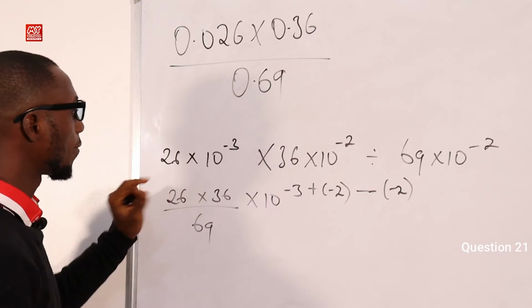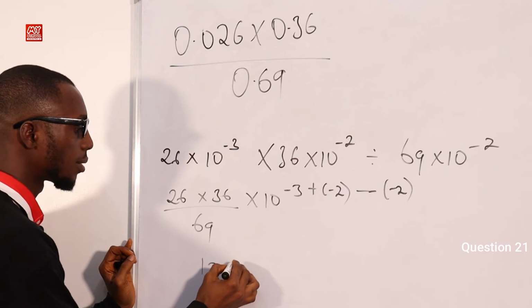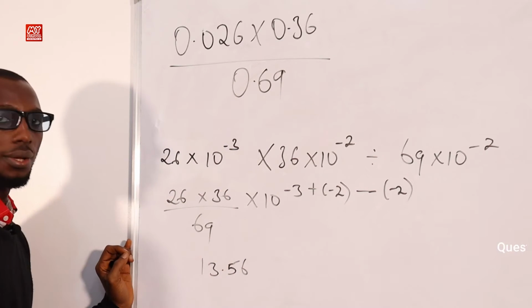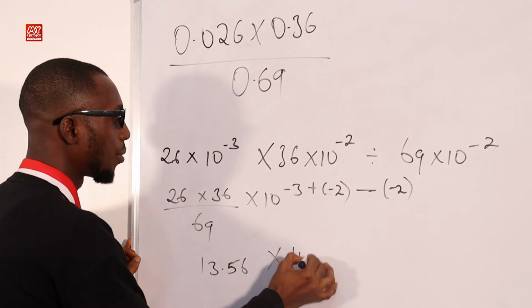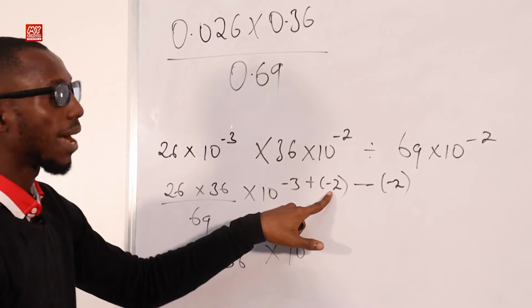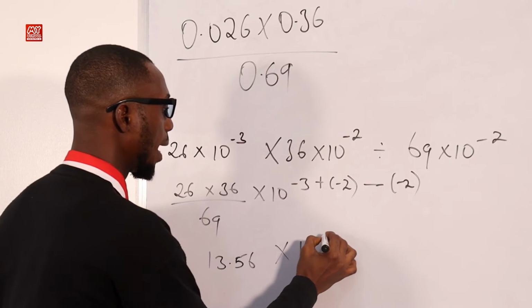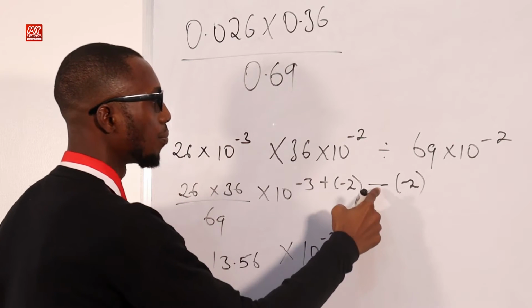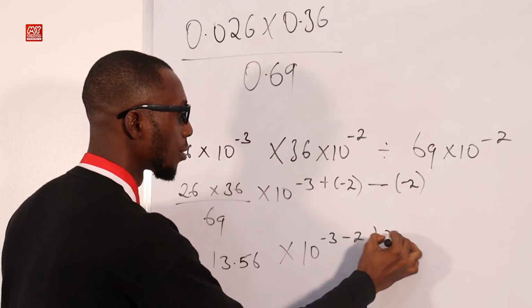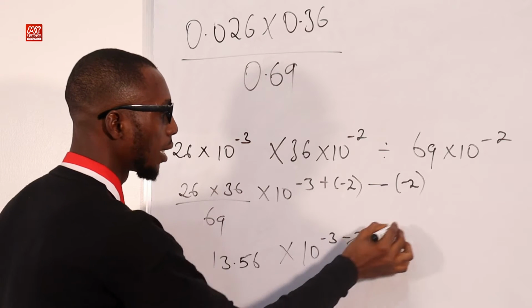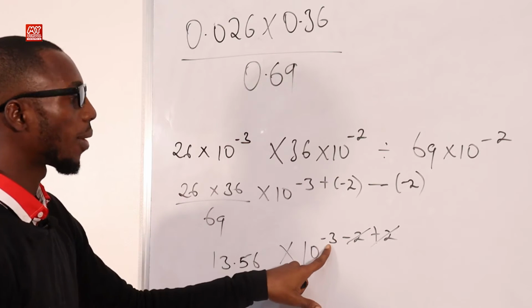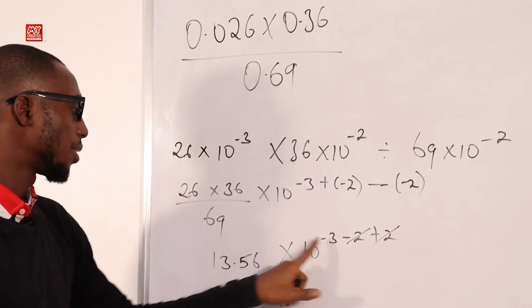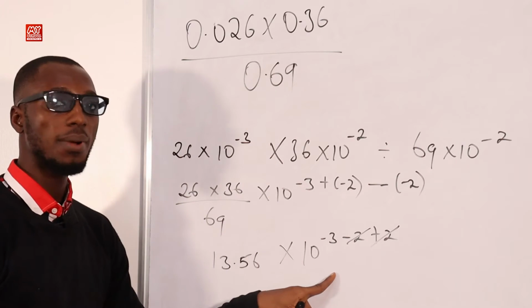So by the time we divide this, I should have 13.56 times 10 raised to power, minus 3 plus minus 2, minus times minus gives plus. So minus 2 plus 2 gives you 0. So I have 10 raised to power minus 3. So 13.56 times 10 raised to power minus 3.